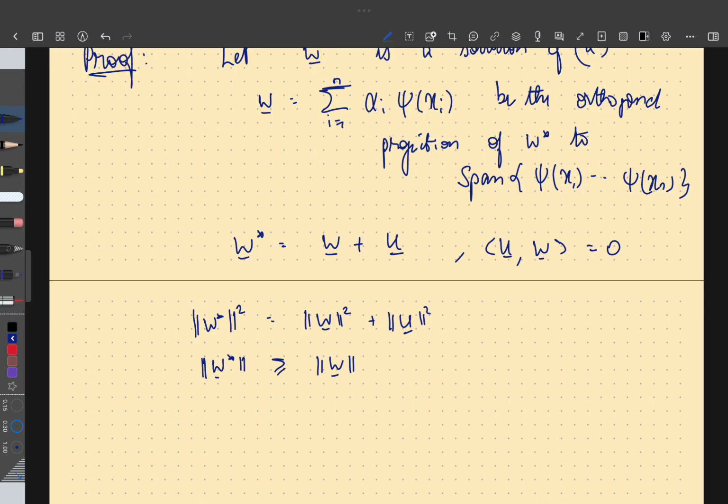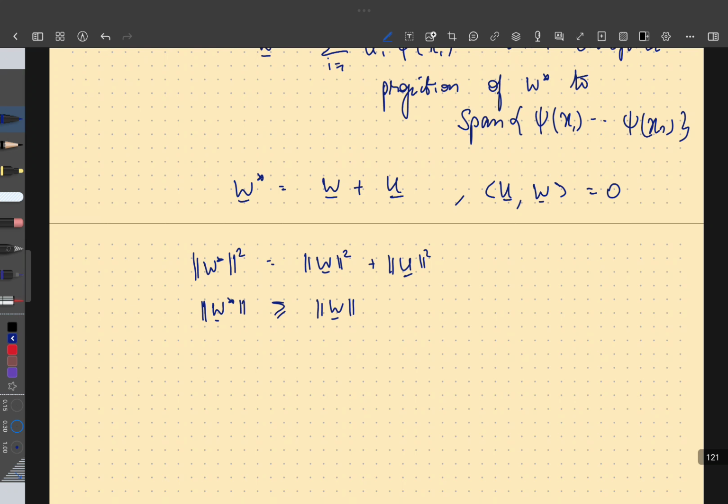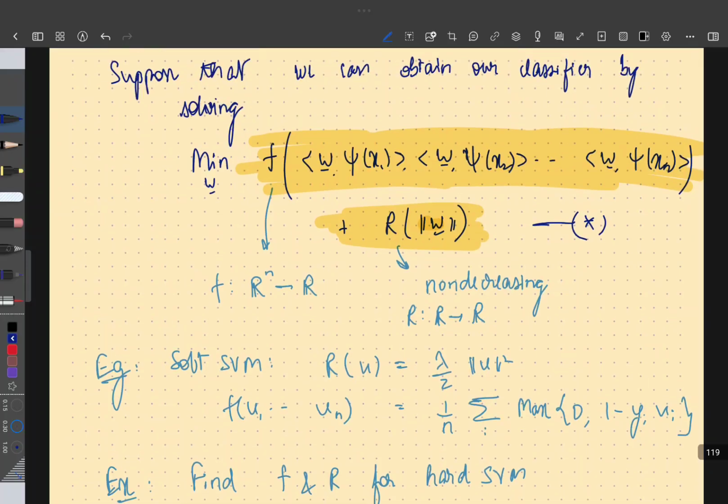The norm of W star must be greater than or equal to the norm of W, which means that R of the norm of W star should be greater than or equal to R of the norm of W. So if you just look at the second part of the objective function we are trying to minimize, W has a smaller contribution to the second part compared to W star.